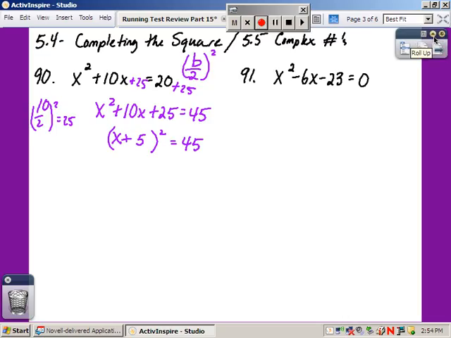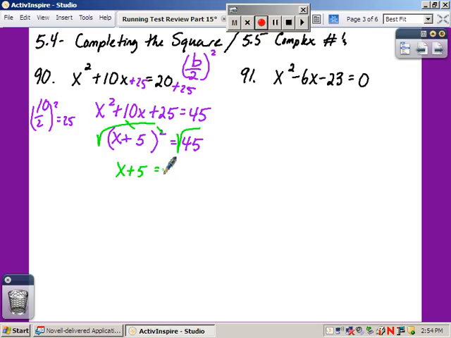When you get to this step, notice that if you could get rid of that square, you'd be down to just an x plus 5 from all of this. So to get rid of the square, use square root. It will cancel that out.